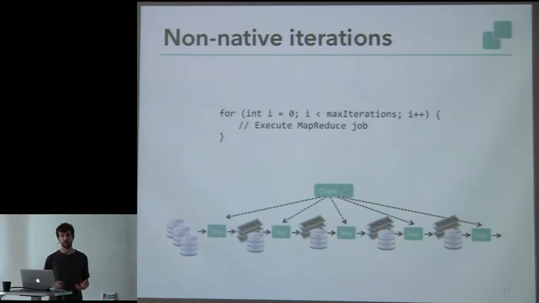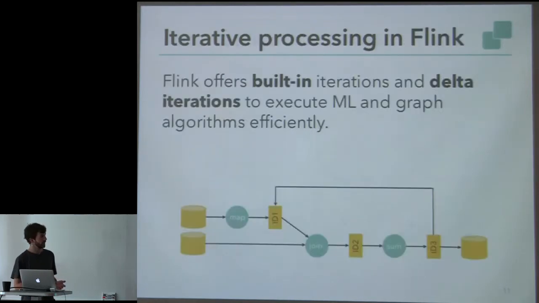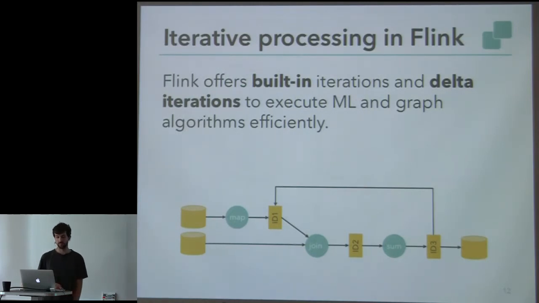But in Flink, there's native support for iterations, which means that in principle we allow cycles in the execution graph, which gives us a way to feed data back into an operator multiple times.